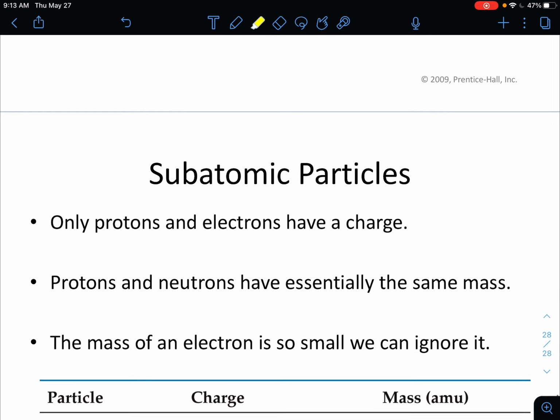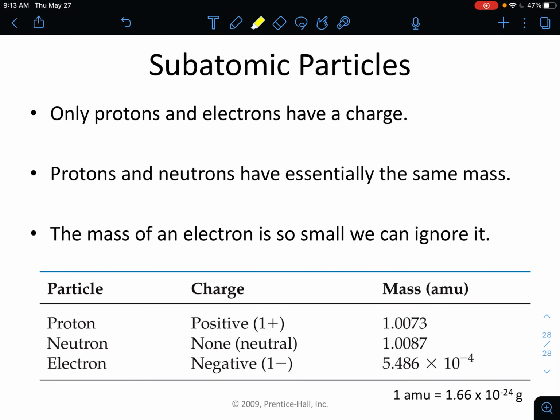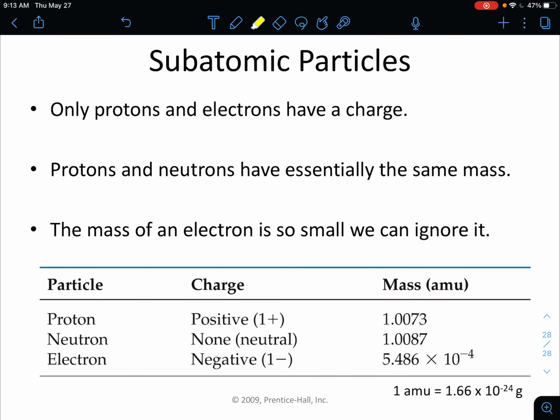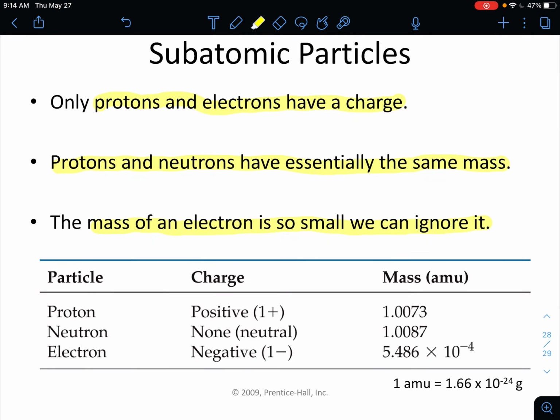All right, so where does that put us in terms of these particles? Well, we've got protons and electrons, those have a charge. Neutrons are neutral, so that's what they should be. Protons and neutrons have essentially the same mass, and comparatively, the mass of the electron is so small that we can ignore it. Most of the time, we're going to talk about protons as being +1 and electrons as being -1.